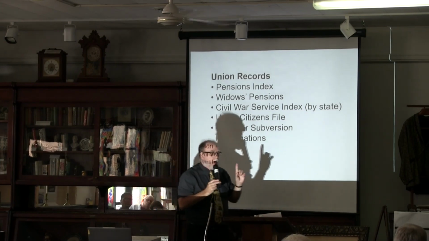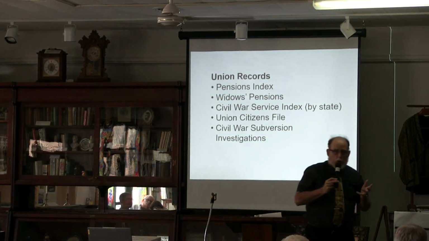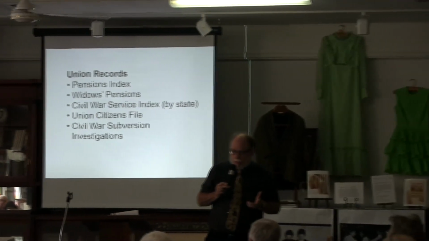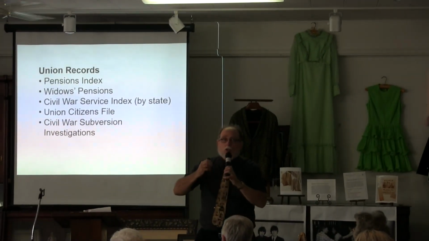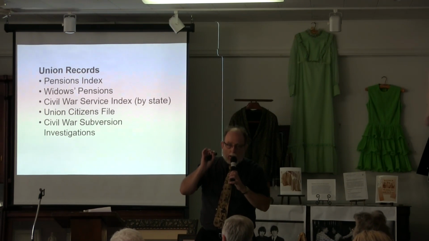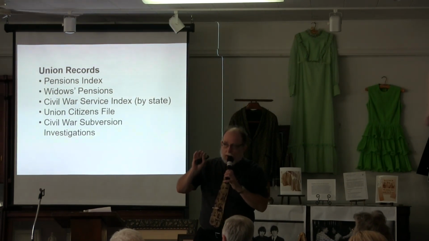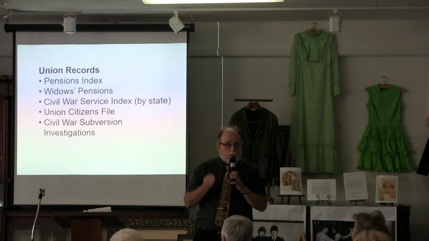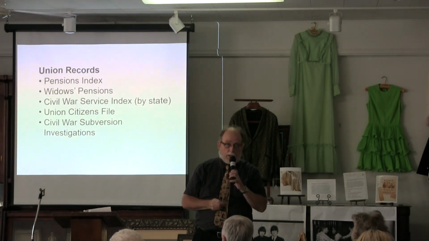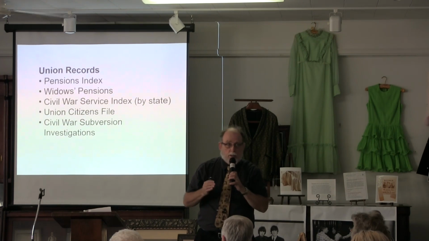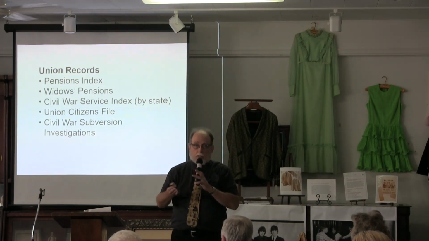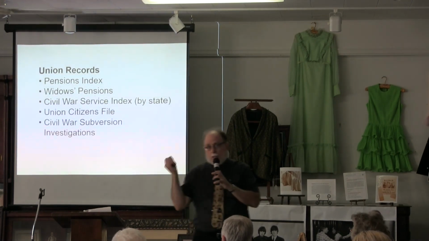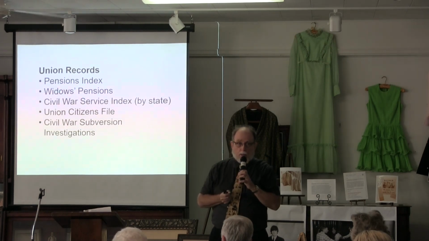Now, a few years ago, Fold3 announced that they were starting to slowly microfilm or make digital copies of Union service records and have them available on fold3.com. But it's a very, very small amount of Union service records available with page after page of information. Very little is available through fold3.com. But there's a little bit.